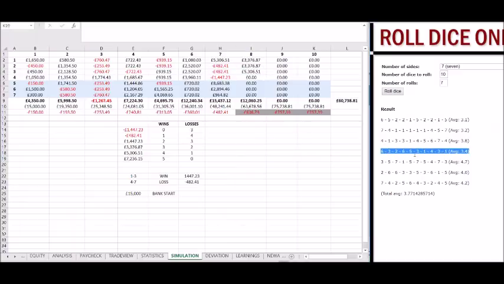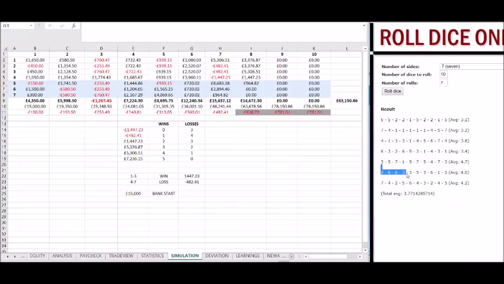Thursday, there were 2 wins. 1447.23. And then we hit Friday, where there were 2 wins and a loss, which brings us down to 964.82.